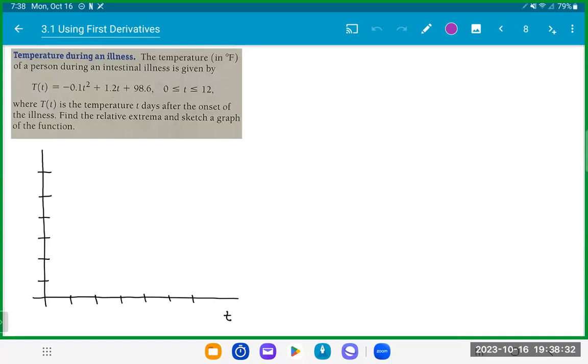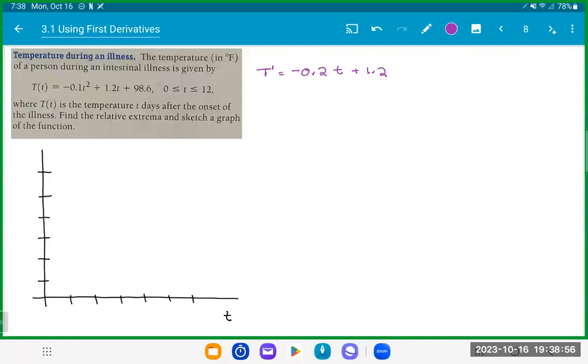The first thing we need to do is the derivative. So the derivative is going to equal negative 0.2t plus 1.2.